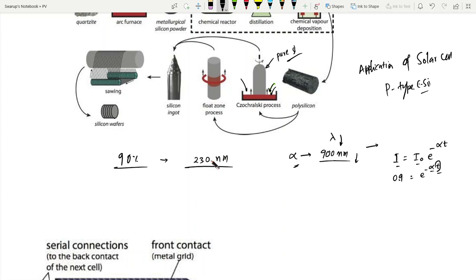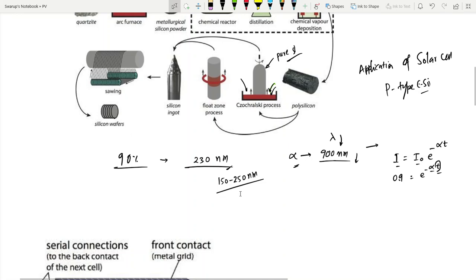So it comes roughly in this range. Typical solar cell thickness, that's why we prefer this 150 to 250 nanometer range. Roughly we can say that 200 nanometers is the typical wafer thickness here.